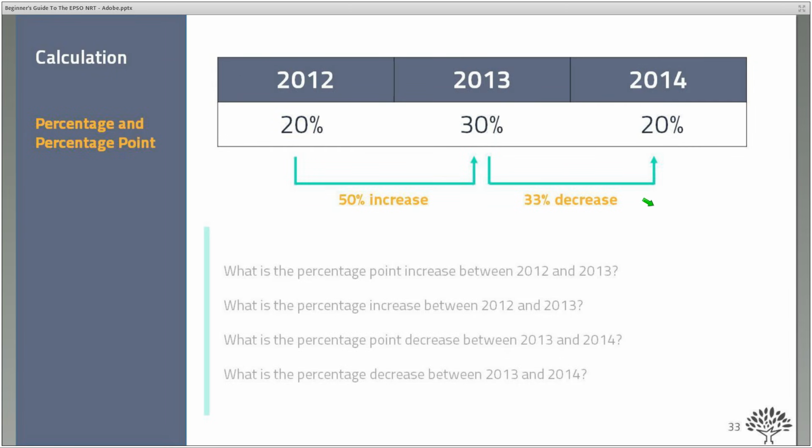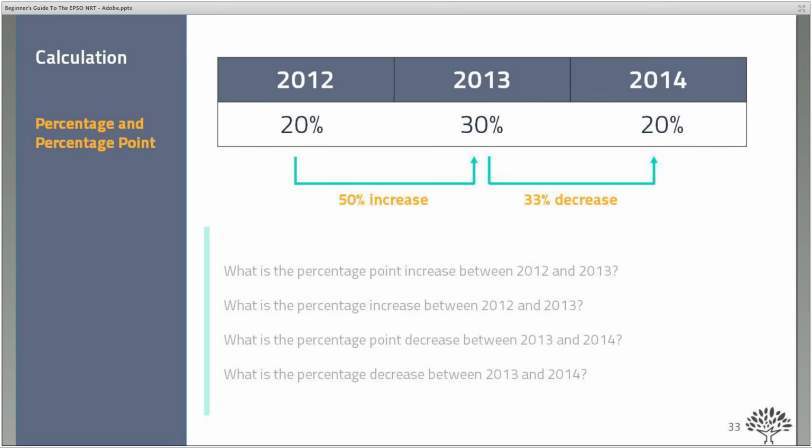Why is that? That is because every percentage calculation works from an original figure. So both of these are 10 percentage point changes, but 10 percentage points from 20% is a 50% increase, and 10 percentage points from 30% is a 33% decrease.